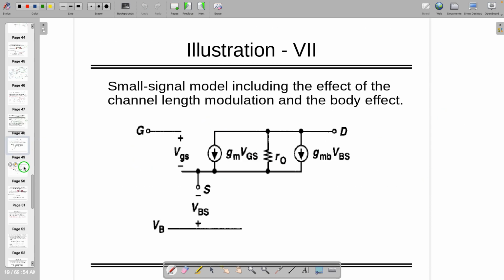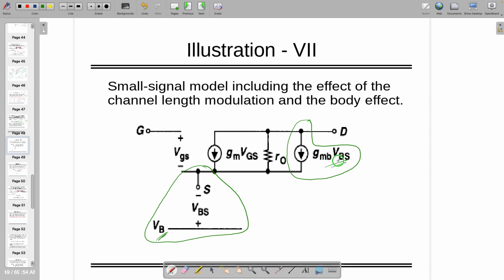what exactly will happen in reality? Body is also designed in such a way that input resistance is infinite, and you are going to see this one. However, it will also give current like this. The way the gate was controlling the dependent current source, the same way the body is giving you some dependent current source which is going to give you gmb times VBS.